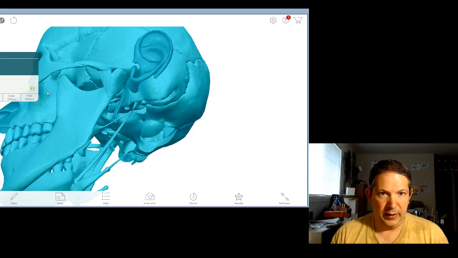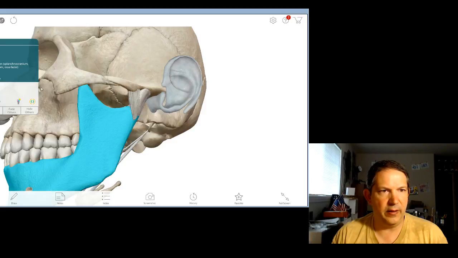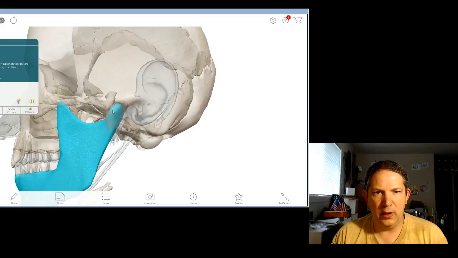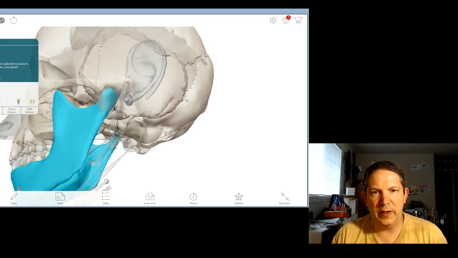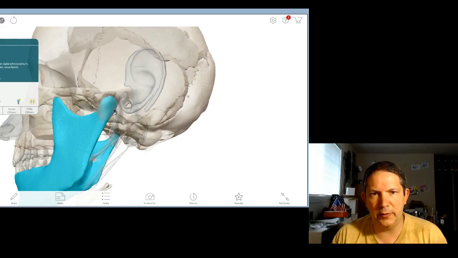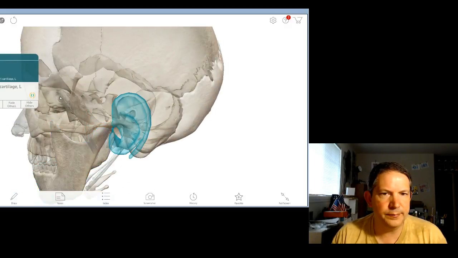Let's bring everything back. If we look at the mandible, the condyloid process, like a knuckle, of the mandible fits into the mandibular fossa of the temporal bone.